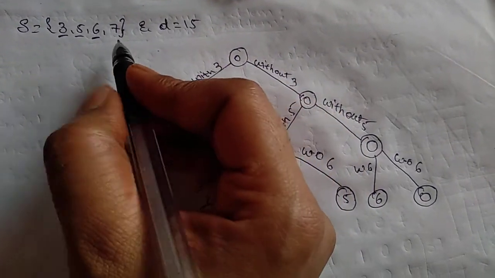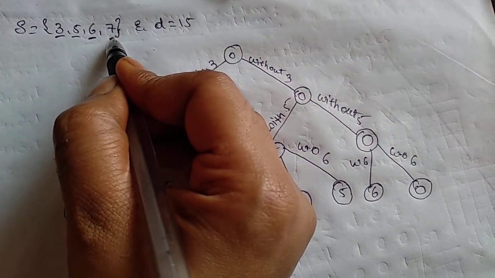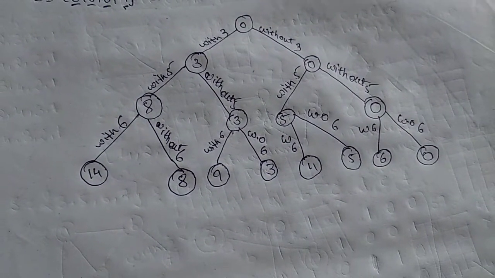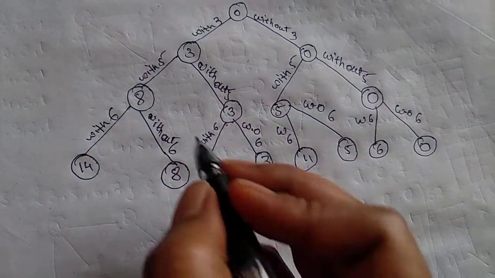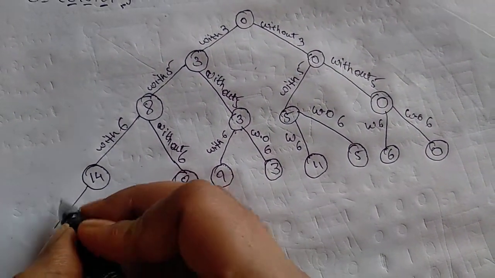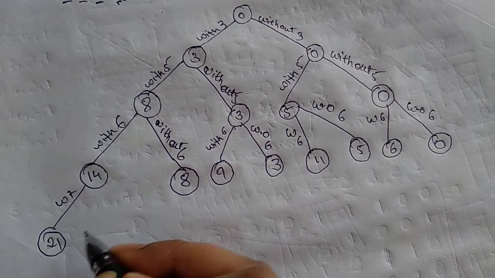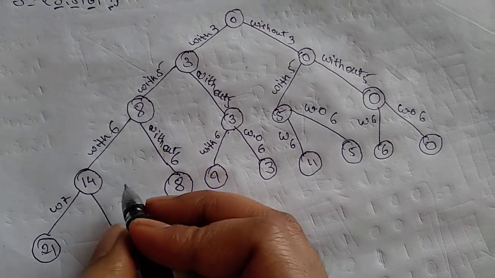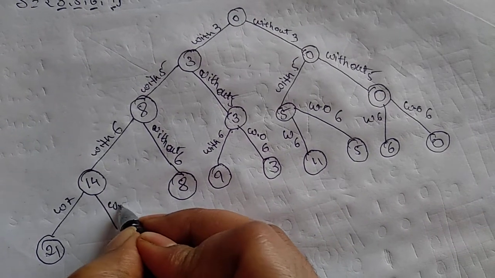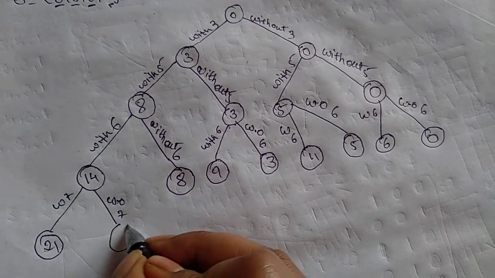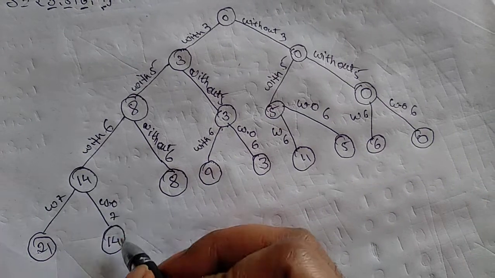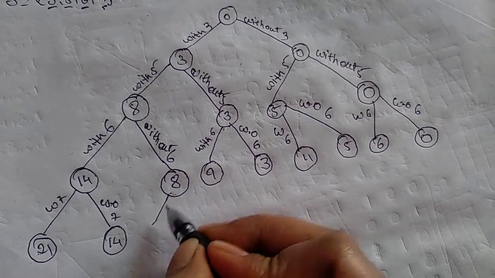Next, still one more number is there. You have to do this and then we have to get the solution. Next, with 7, 14 plus 7 is what? 21. Then without 7 it is 14, because I'm not adding 7 to that.